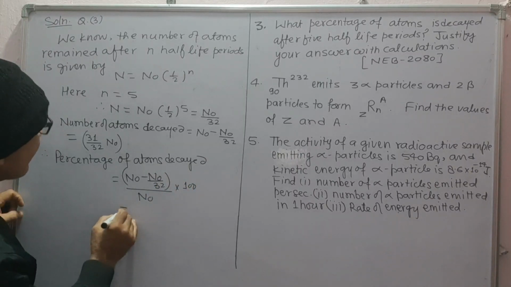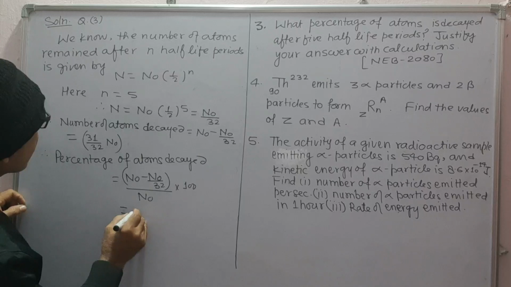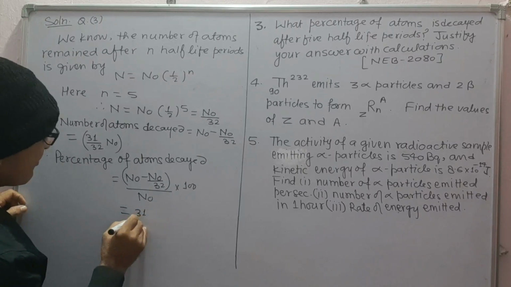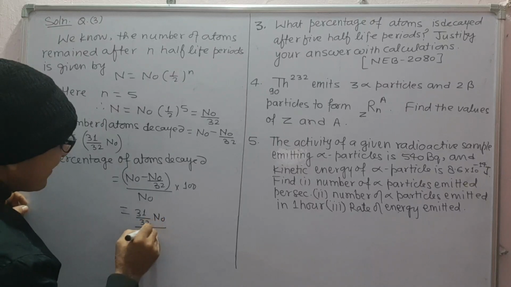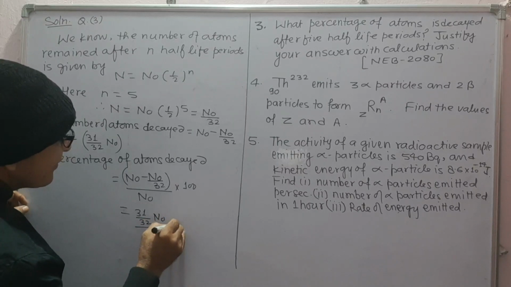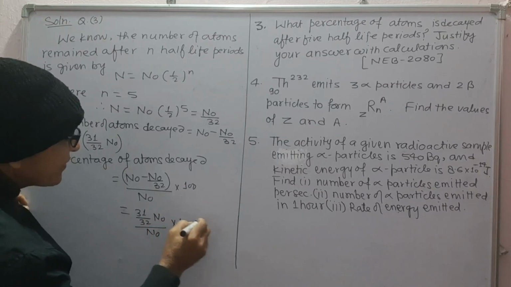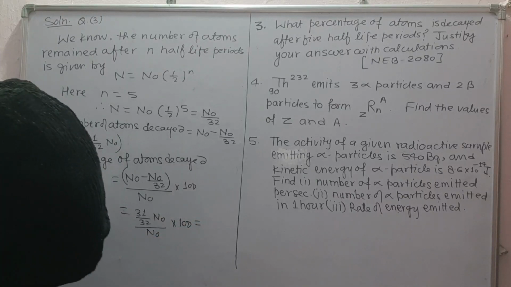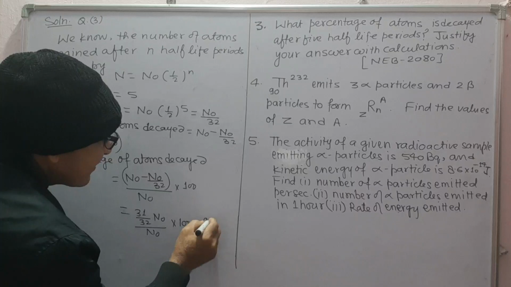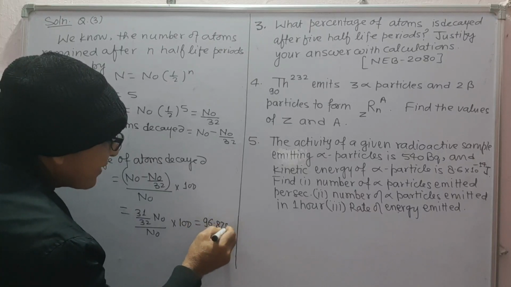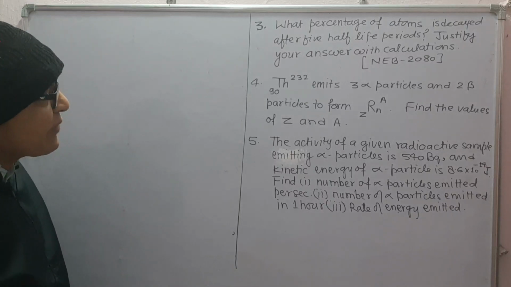It is 31 upon 32 N naught upon N naught into 100, which gives 96.875%.